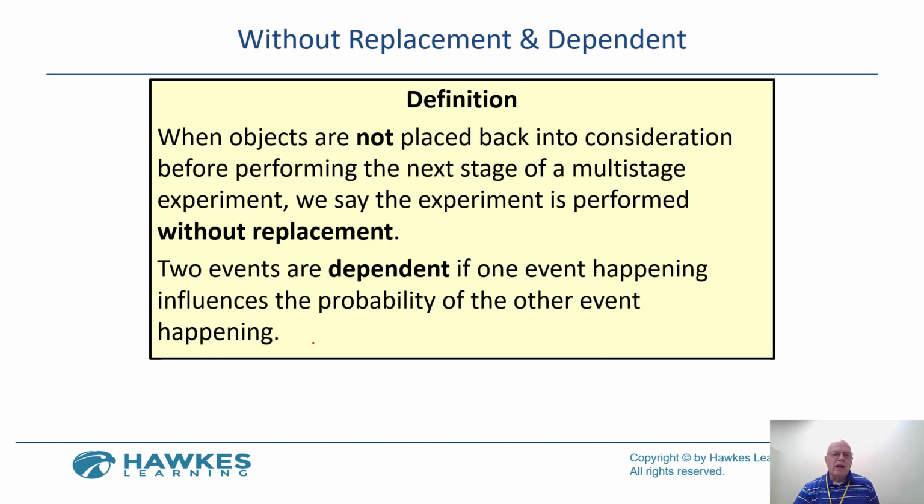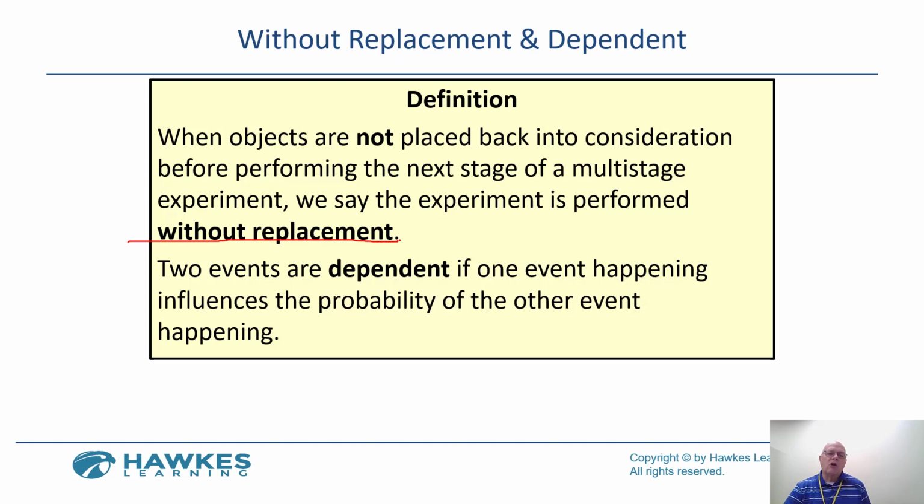Next, without replacement. So, first of all, when objects are not placed back, if we don't put them back in, then when we pull the second card out, we don't have the same cards to choose from that we had to begin with.